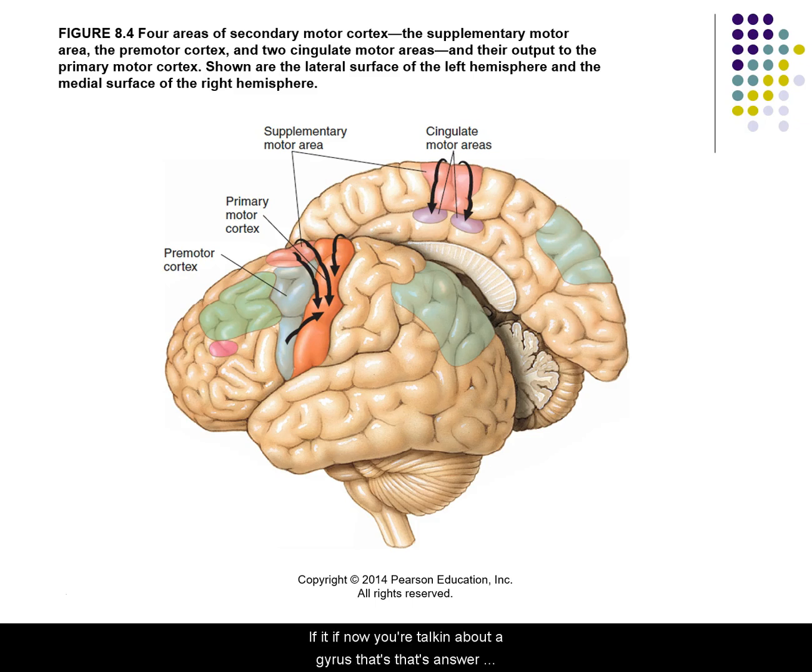A gyrus anterior to that is premotor cortex. And remember you have the prefrontal association cortex because that's also in the frontal lobe. The supplemental motor areas are very close, right around the motor cortex, and the cingulate motor cortex is going to be inferior to the motor cortex, because it's below it.